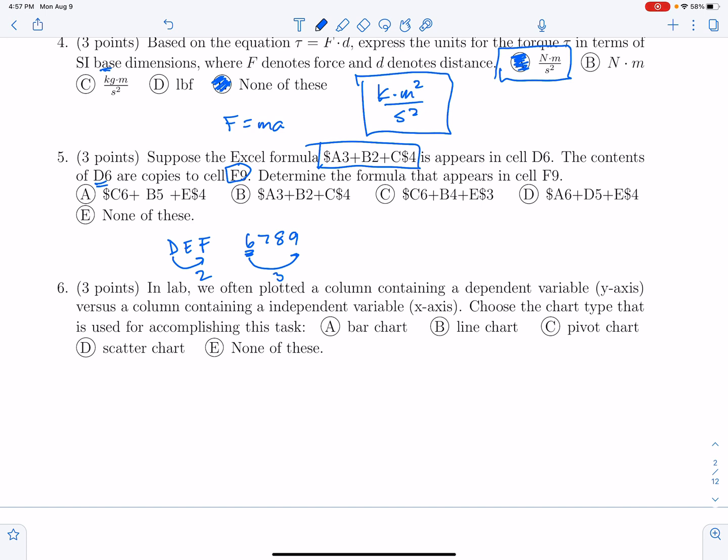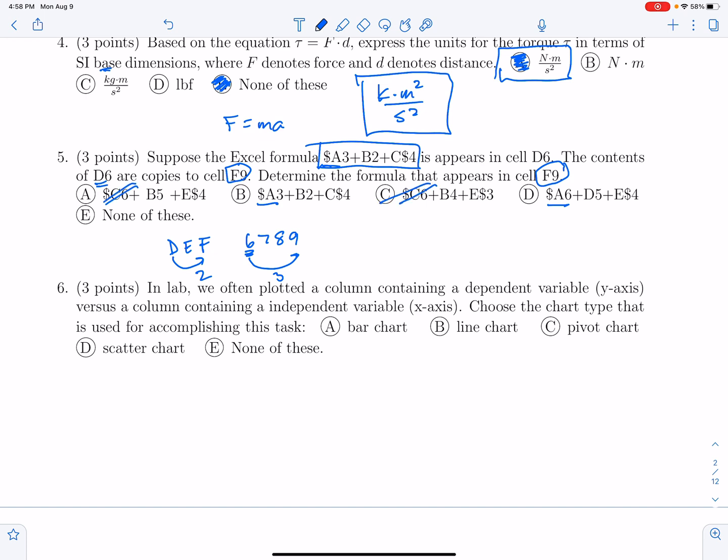All right, so I'm looking at this. If I pasted this into F9, then what would I expect to see for each component? Well, since it's $A, I'm expecting $A when I paste it into cell 9. Okay, so there's only 2 things that have the $A, and so at this point you could eliminate these 2 choices.